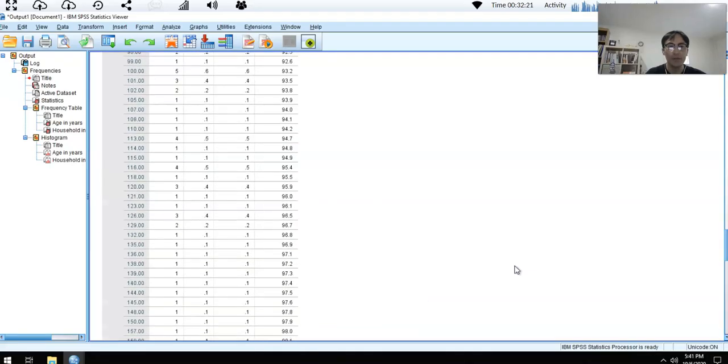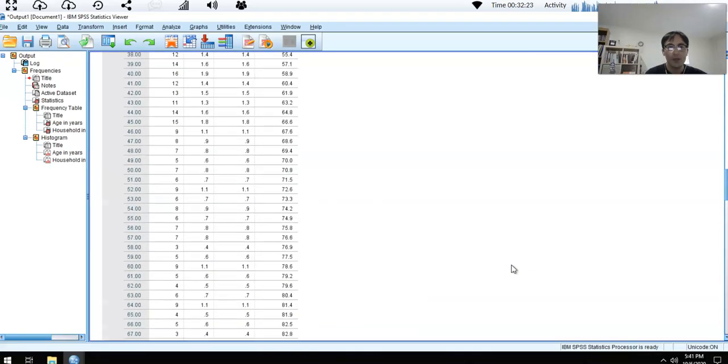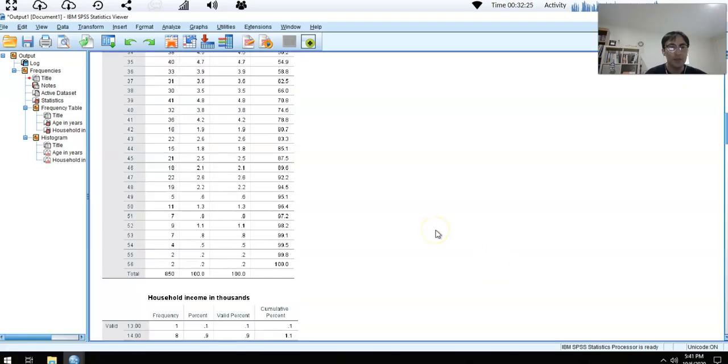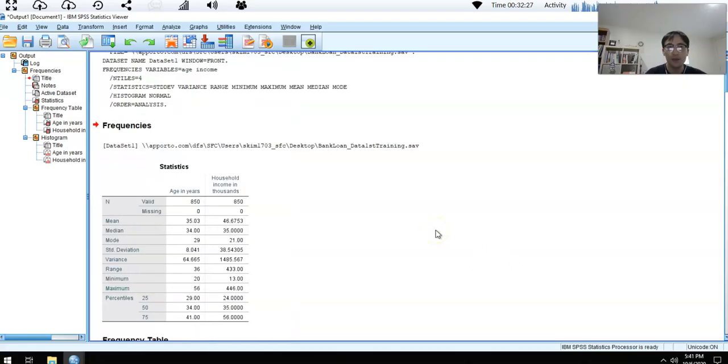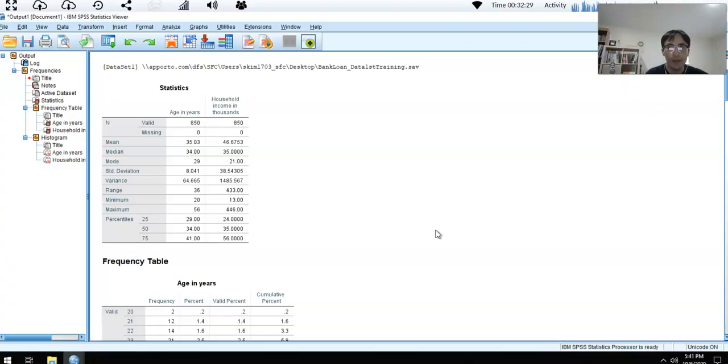Now, you may be asked to find the interquartile range. This SPSS analysis doesn't give you the interquartile range directly, right?